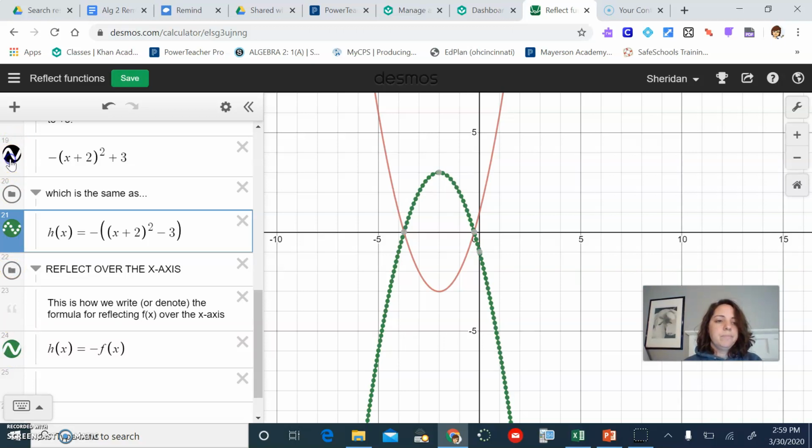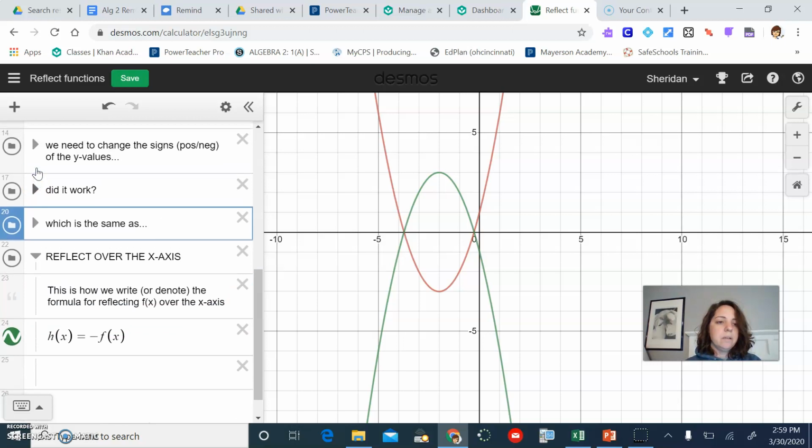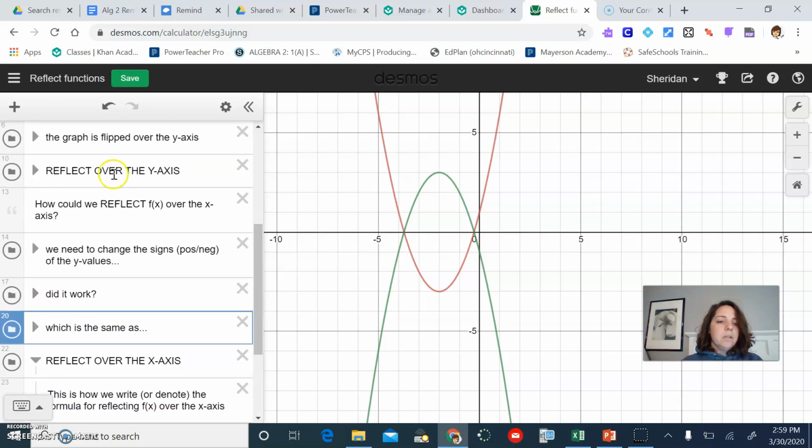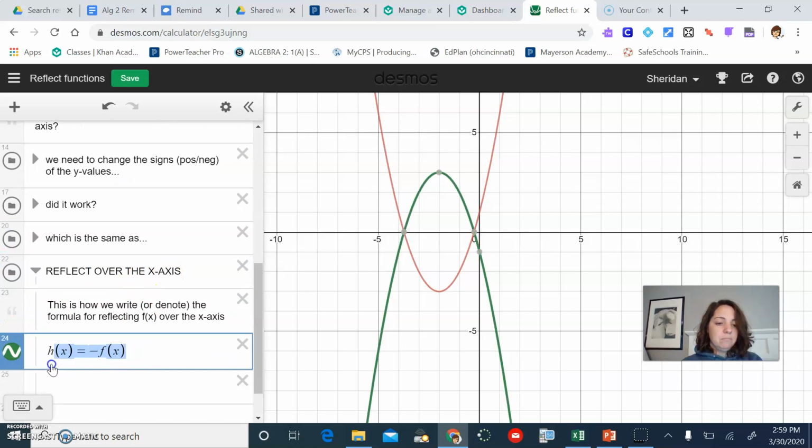Okay, so bottom line with all of this, and I'm going to close some of these things real quick. To reflect over the x-axis, we take a function and we change all the signs of the y value. Most of the time we call the y value f of x.